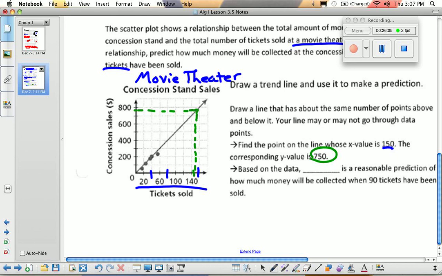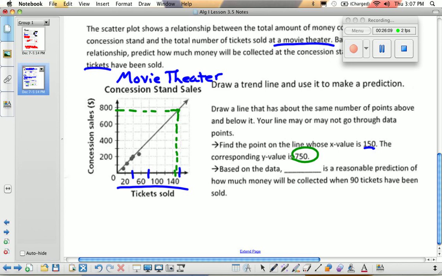It's just a prediction. Okay, now they want you to do one. Based on the data, what do you think is a reasonable prediction of how much money will be collected when 90 tickets have been sold? So go find 90 on the x-axis and follow it up to the trend line and follow it straight across to the y-axis and predict the sales for 90 tickets.